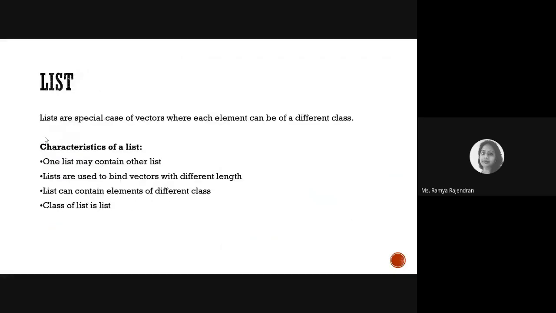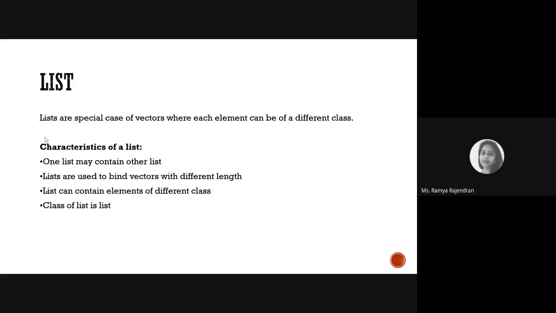So list is actually a special case of vectors. You will have different elements, and different elements can be of different classes. For example, you have cat, dog, and true.